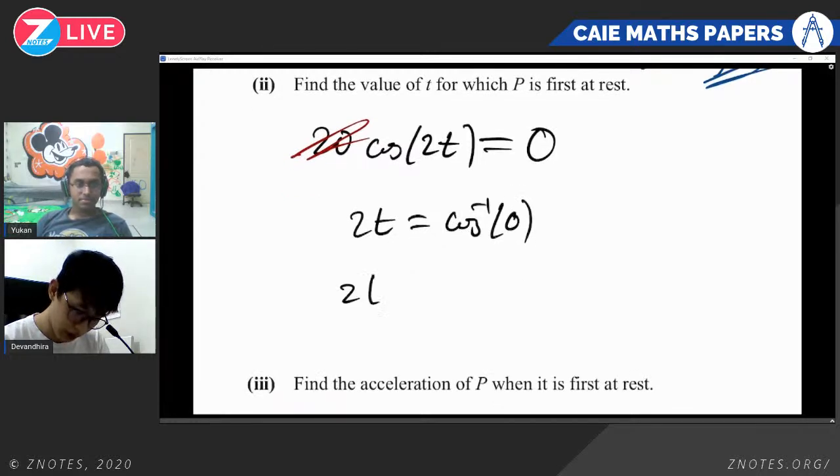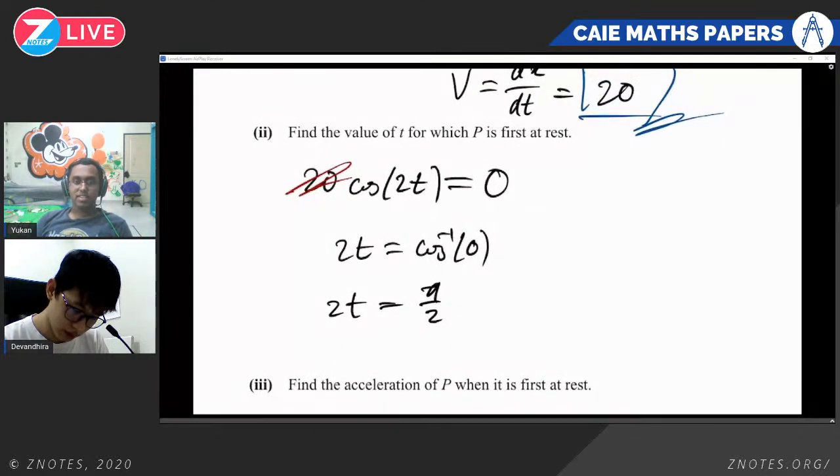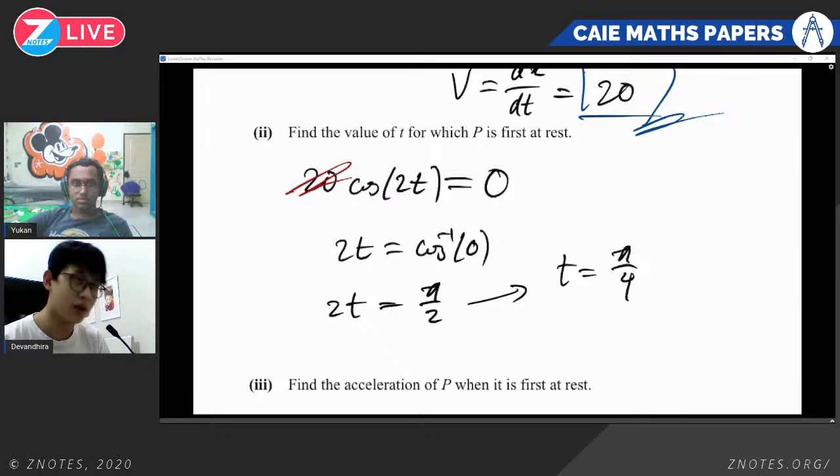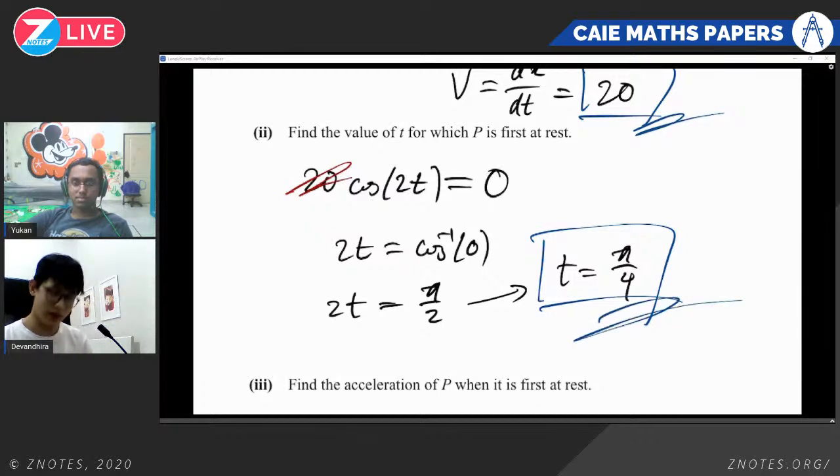They're asking for the value of t at which P is first at rest, so we just have to find the smallest positive value, that's pi over 2. And if we divide by 2, that's pi over 4. t is equal to pi over 4. Now are we done? Yeah, we're done. And that's our answer.